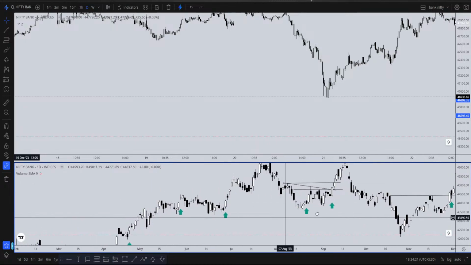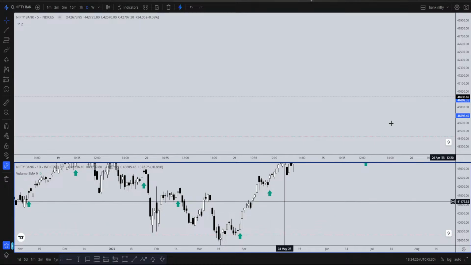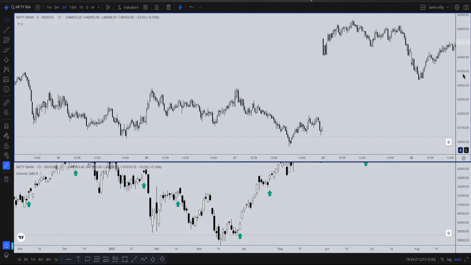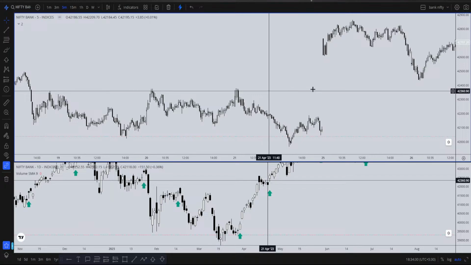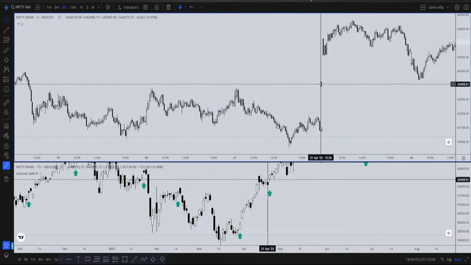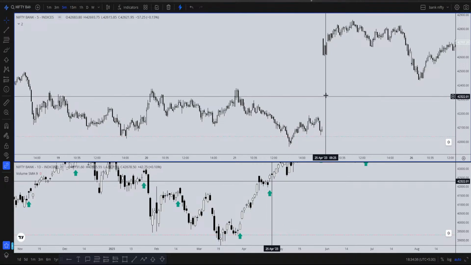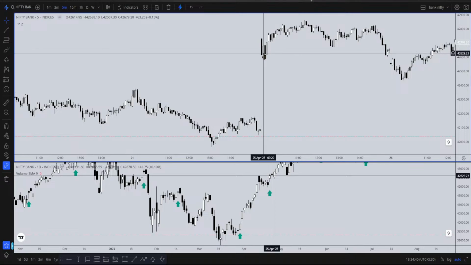So we were around here. Again, 21st. What's this day? 24th. There is incomplete price action, I guess. It's 24th.